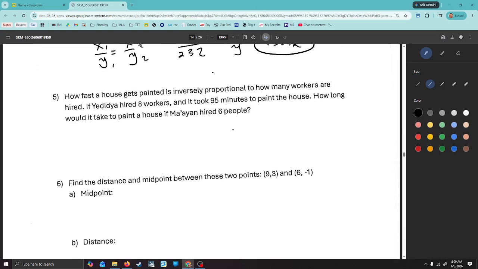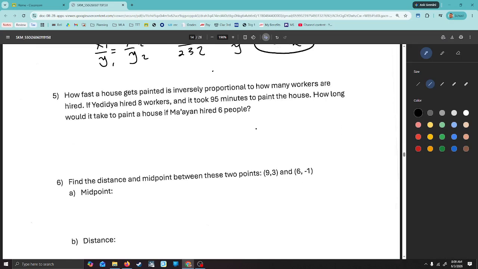Okay, all right. How fast a house is painted is inversely proportional to how many workers there are. Because it's inversely proportional, it's going to be x times y equals x times y. So Yedidi hires 8 workers, and it took 95 minutes. How long would it take if Manyan hires 6 workers?